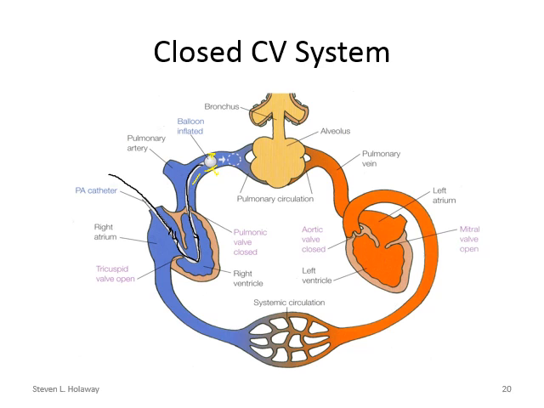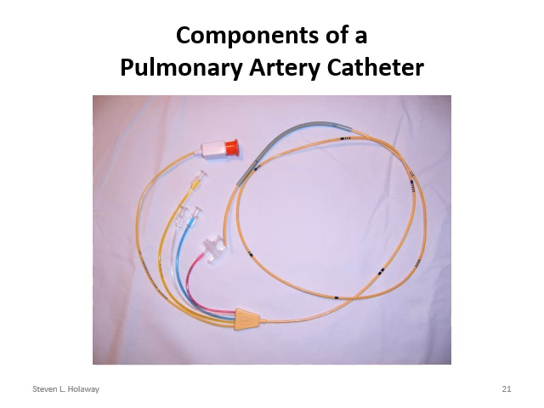So we're measuring pressures on this side of the balloon, which initially is measuring the left atrium and left ventricle of the heart. And so that's why we can get indirect measurements of both of those areas. So remember, when we're measuring left ventricular end diastolic pressure, it's an indirect measurement, not a direct measurement of the left ventricle itself.